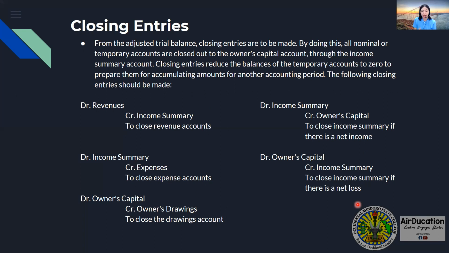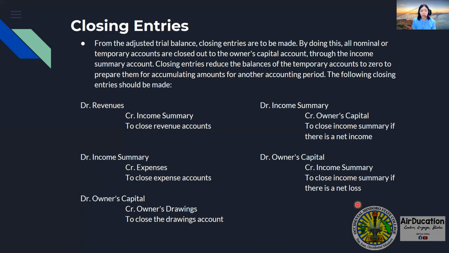So, lahat ng halos component ng income statement, sinasara natin yan. So, bakit po sinasara? Kasi the following period, iba naman yung series ng ibebenta mo. Okay? So, para may kumbaga, fresh yung pag-start natin ng business, no? So, ganun siya. Nagko-close tayo ng libro.